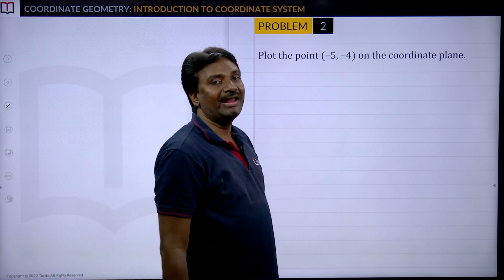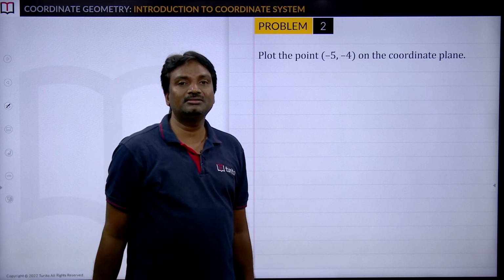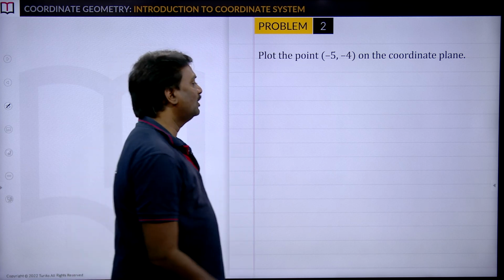Next, plot the point (-5, -4) on the coordinate plane. This problem is just like the previous problem, but here both numbers are negative.